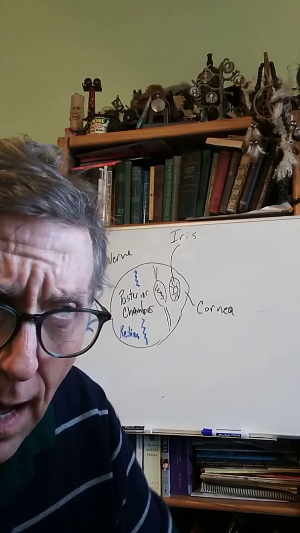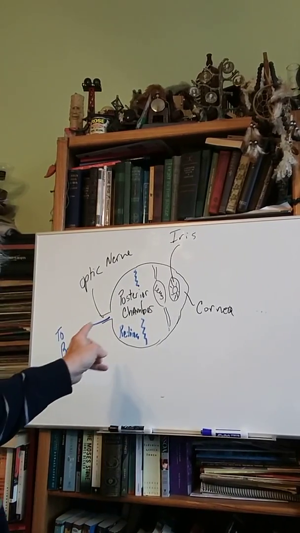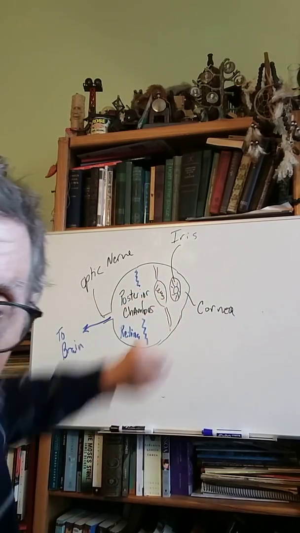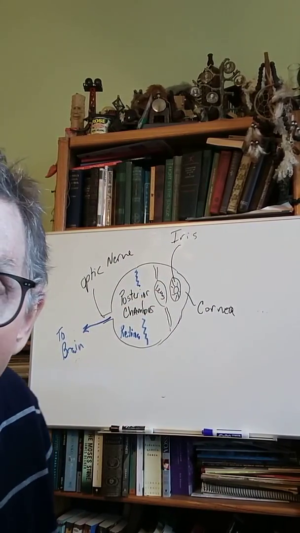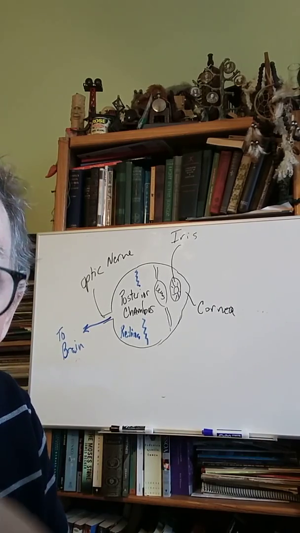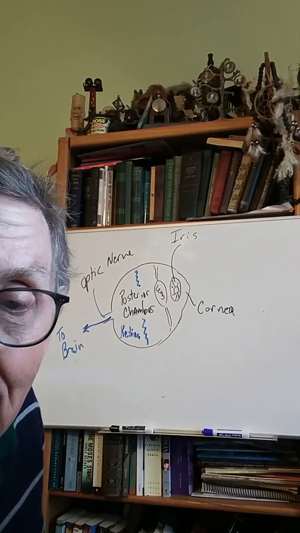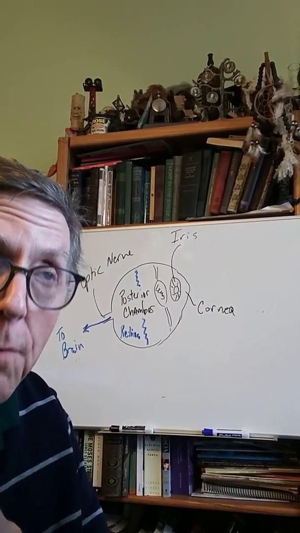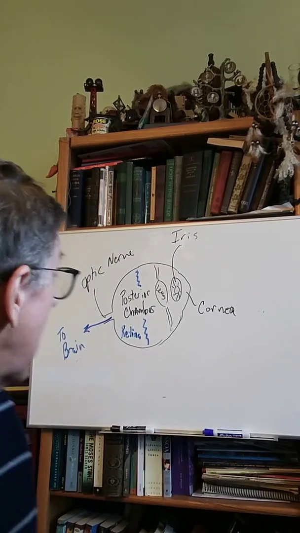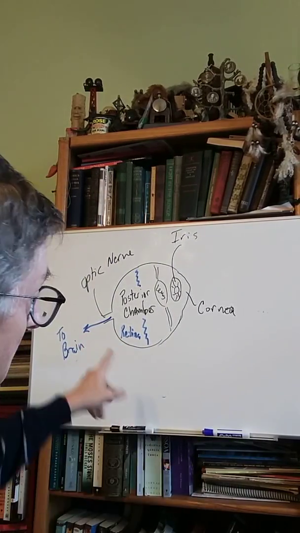So when we look at the eye, I've got a little picture up here. You can see that at one end we have the cornea, and that's the clear outer surface of your eye, and that's what light passes through first. And behind the cornea and in front of your lens, we have the anterior cavity. I have up there chamber, but it's really cavity.